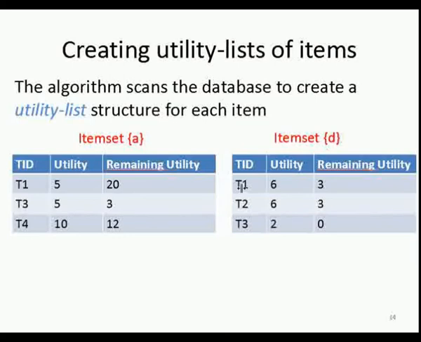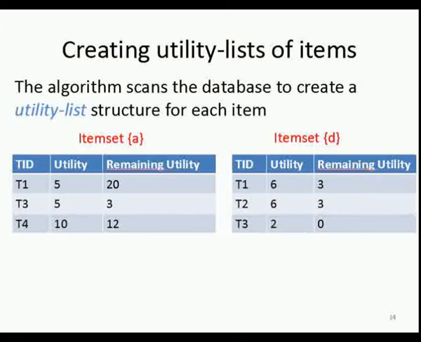And for item set D it is similar. We know that D appears in T1, T2, T3, with utility of 6 in T1, 6 in T2, 2 in T3. In T1 the remaining utility, that means all items after D, like E, F, have a total utility of 3. In T2, the items after D, like E and F, have utility of 3, and in T3 there are no items after D, there's no E or F, and so on.